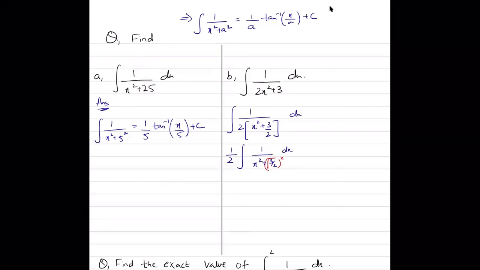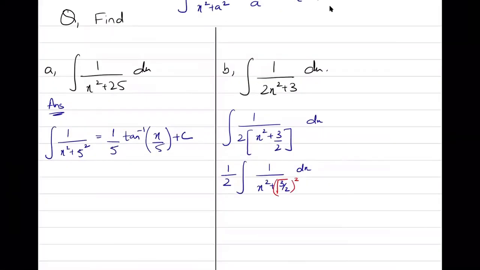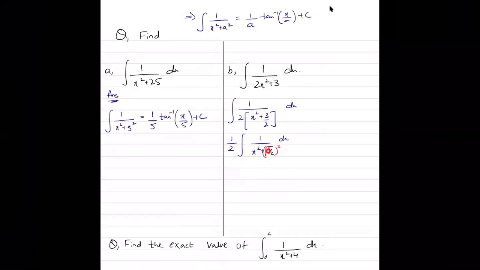Yes, you hear sir. Okay. I was asking you, in order to convert this 3 over 2 as a square, would you agree that a value is going to be square root of 3 upon 2? Yes. So what is the value of a? Square root of 3 upon 2.